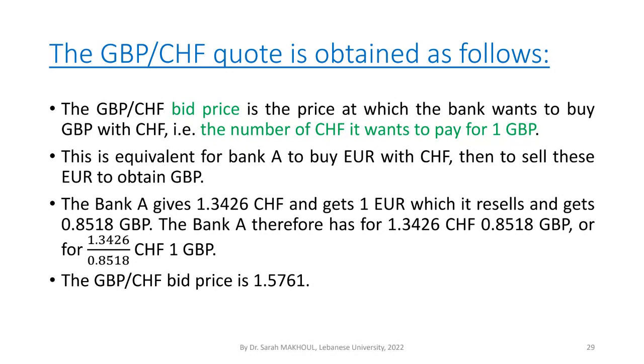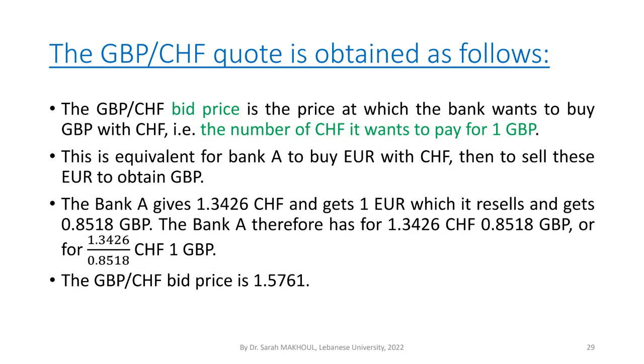So you know that it is a continuous exchange. Bank A gives 1.3526 francs and gets €1, which it resells and gets 0.8518 English pound.